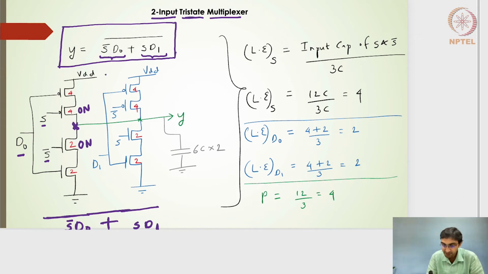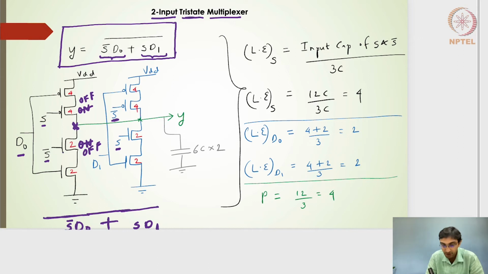And on the other segment, we have D1 connected to the PMOS and NMOS transistors, which are closer to the ground and VDD rails. I have S connected here and S bar connected here. So if S is equal to 1, this will be on, and S bar will make it 0, and then this will be on. So when S is equal to 1, the D0 branch will be off.